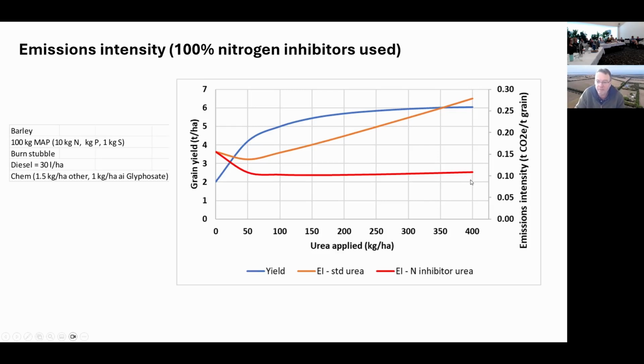I'd spent a bit of time playing around with this. The way it works at the moment is that the Scope 3 emissions are a significant portion of it. I would have expected that line to go up, but go up slower because of the extra emissions that we put in.